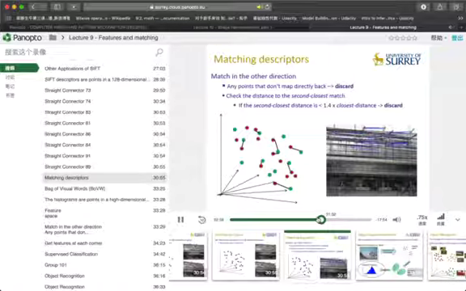So there's very little ambiguity there, and we keep that as a good correspondence. So although we start off creating a good deal of correspondences between the two images, we end up retaining only a small number of correspondences as stable matches. And these are the matches shown here by these blue lines. Does that make sense? Any questions on that at all?